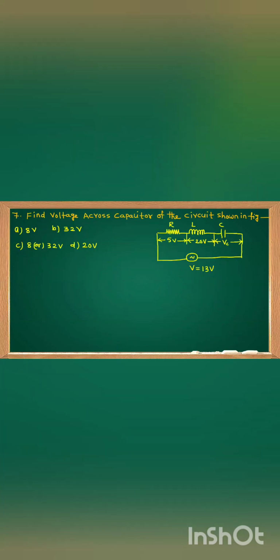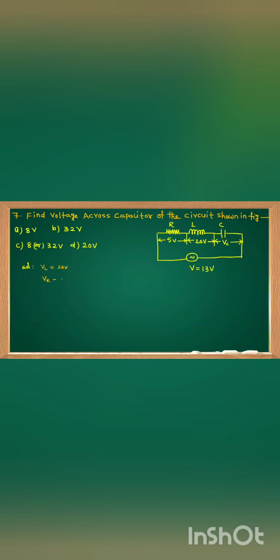Find the voltage across the capacitor of the circuit shown in the figure. Can you try this? Students, here VL is given as how much? 20 volts.